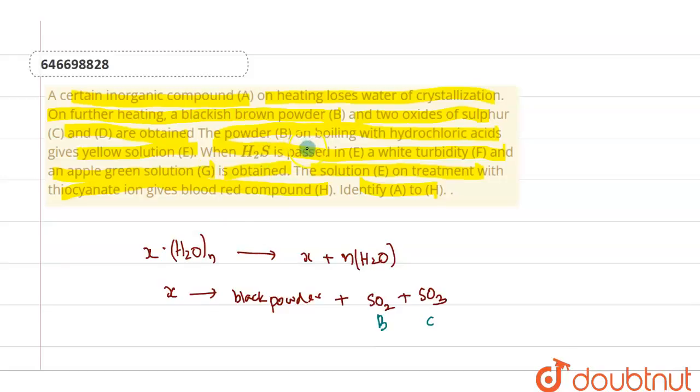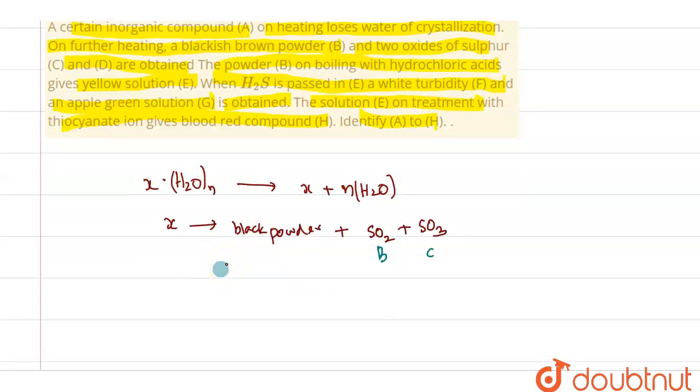The powder B on boiling with hydrochloric acid gives a yellow solution. So let us assume the black powder as Y. Y on boiling with HCl gives a yellow solution, which will be the chloride, mostly because of ferric chloride.